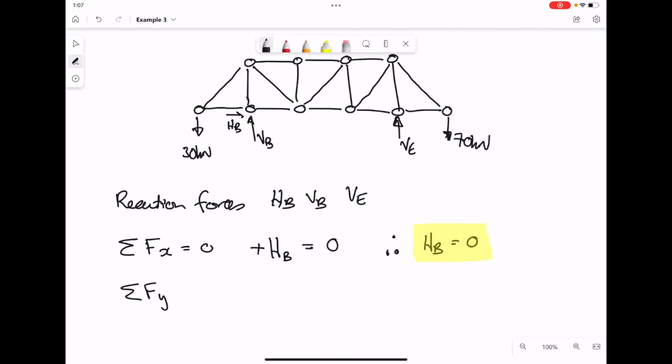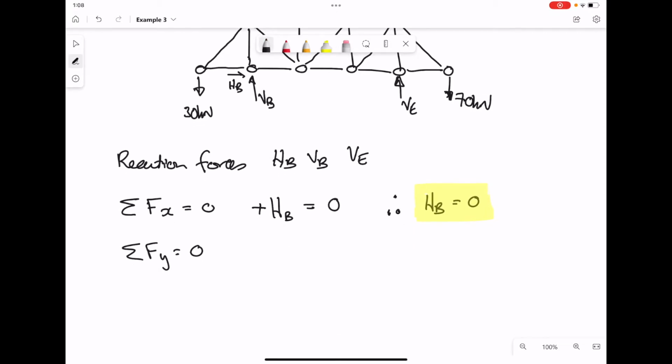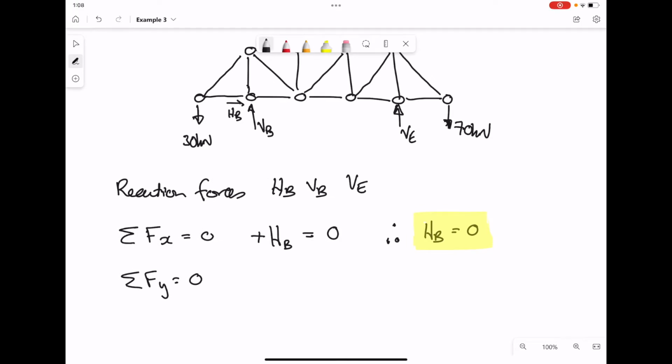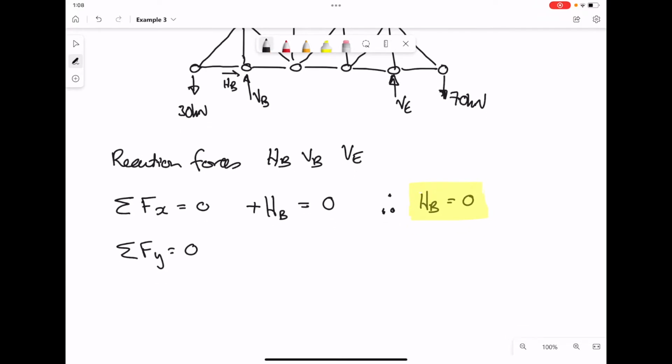Consider the next equation for equilibrium. All the forces in the y direction must add up to give you 0. And we have two vertical reaction forces, VB and VE, acting upwards, and two forces acting downwards, the 30 kilonewtons and the 70 kilonewtons.